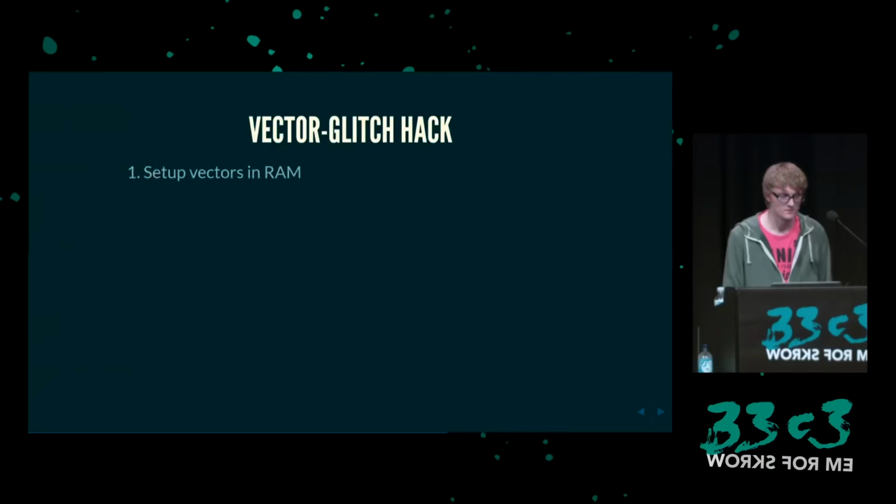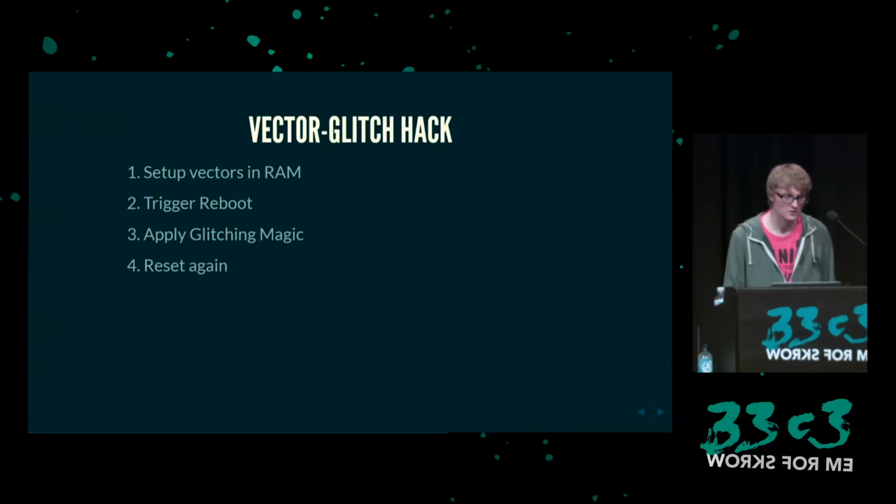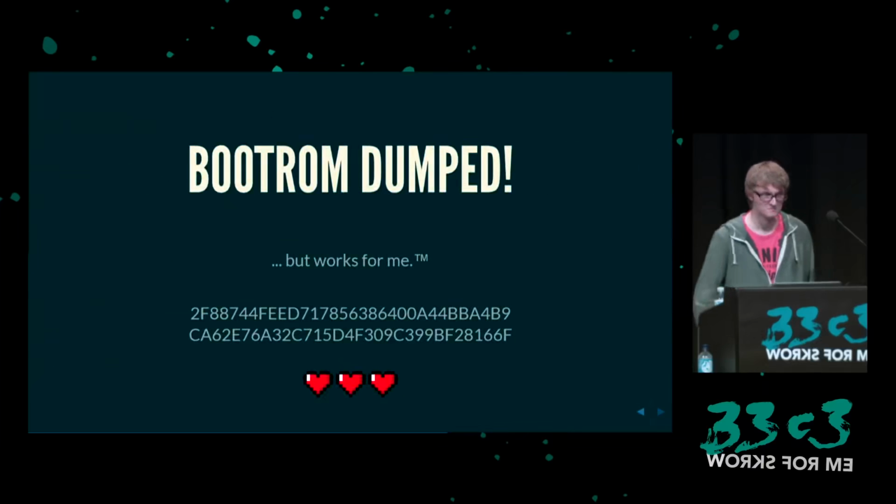Basically, we set up some vectors in RAM, trigger a reboot, then do some glitching magic, and then we reset again and let it boot up normally. And hopefully, the dumper code got executed and wrote a copy of the boot ROM in memory, so we can just dump it. All this stuff is not very stable, but it works for me.